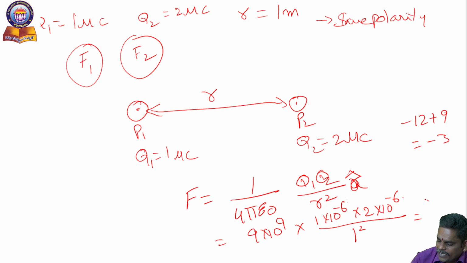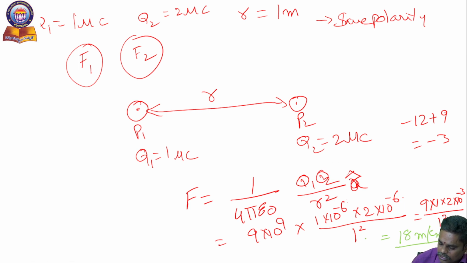So 9 into 1 into 2 into 10 power minus 3 by 1 meter. That should be equal to 9 into 2, that is 18 millicoulombs per meter. So like this we are going to solve.